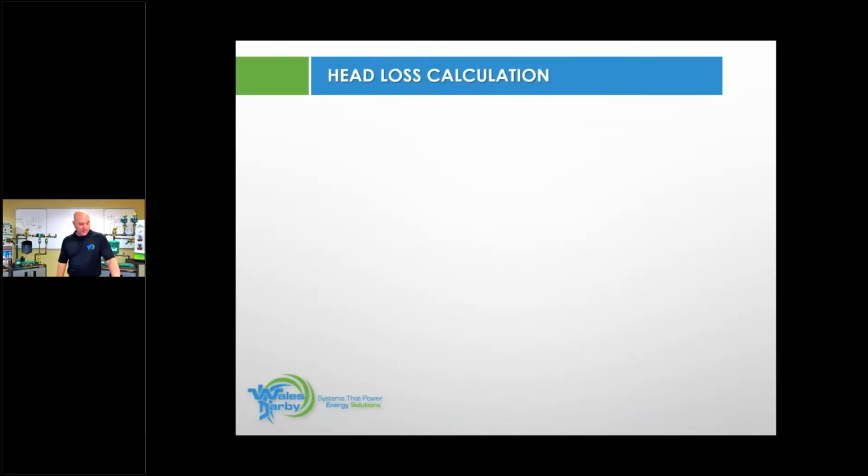The first problem we're going to deal with is on page 44. In this scenario, you walk into a job site, you're trying to figure out what's going on within the heat circuit, and figure out if your circulator is sized correctly. You have a 20,000 BTU zone, so you have 20,000 BTU worth of baseboard on there.